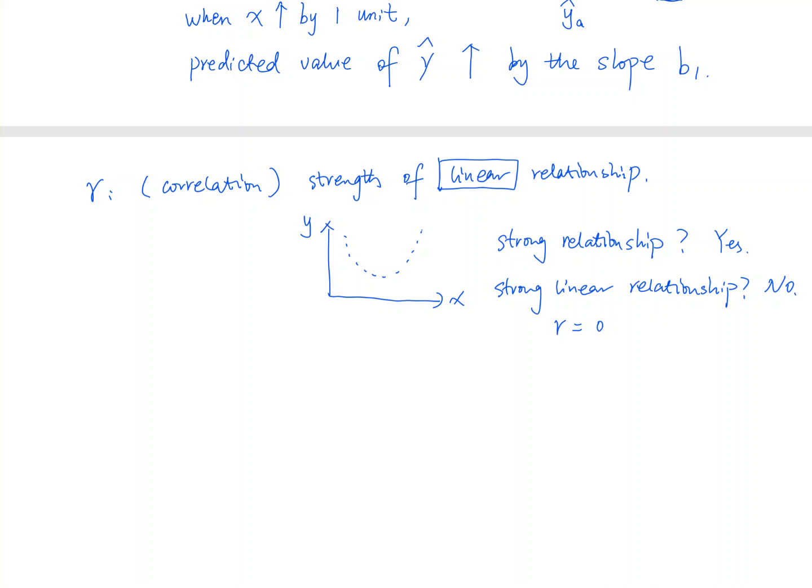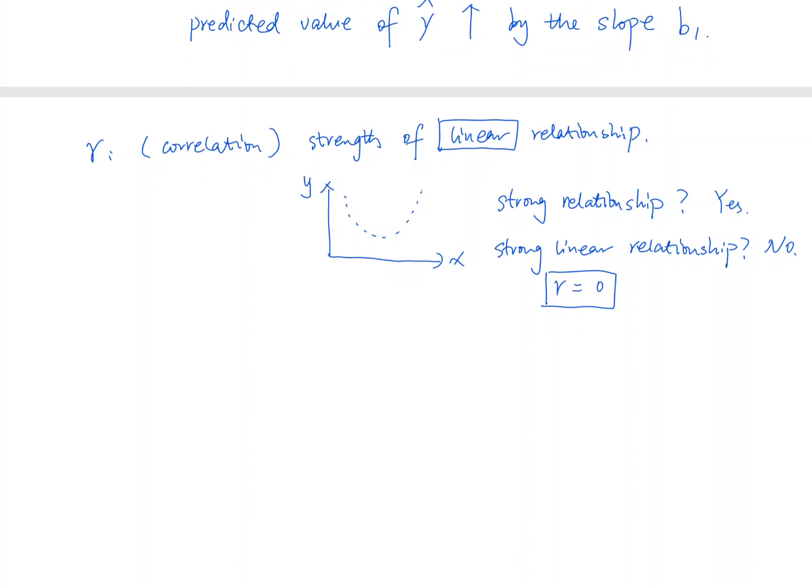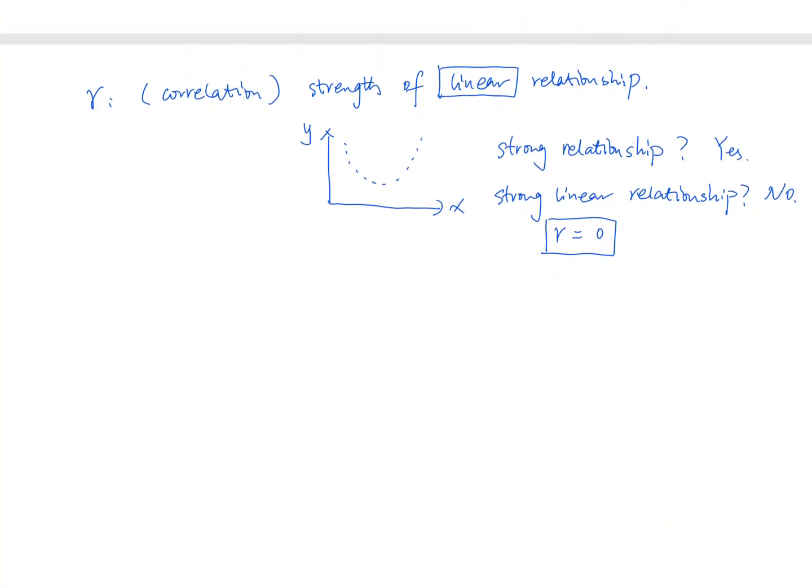Alright, so that means the other way. So when r equals 0, it doesn't mean that there's no relationship between x and y. It only means there's no linear relationship.